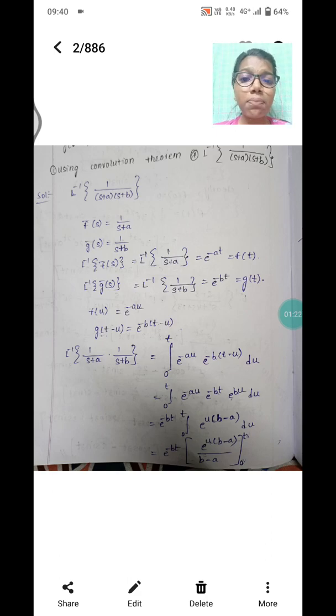Then from this problem we take f bar of s and g bar of s.